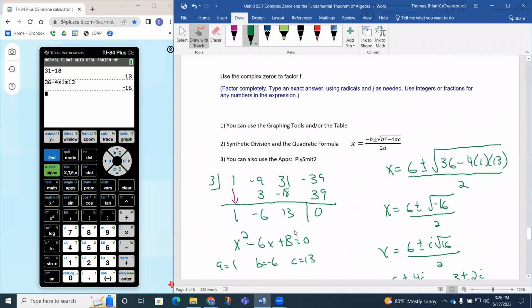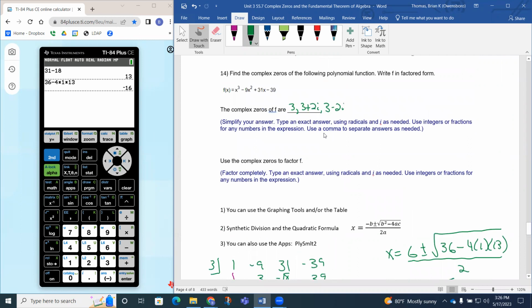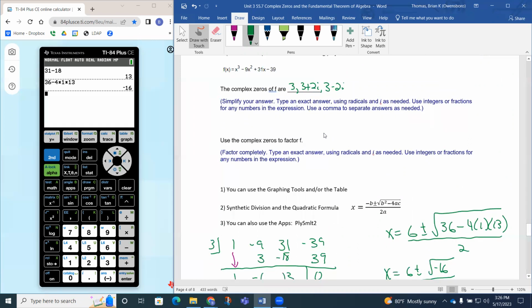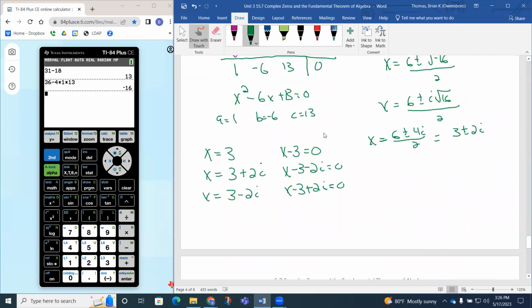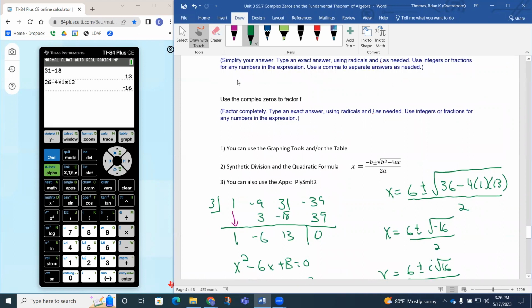So if I put this in factored form, where's my factored form at? I don't see that anywhere as a question, so I'll just put it up here. f of x is going to equal a times, I think they assume the coefficient's 1, so I'm going to take the a out and just call it a 1.